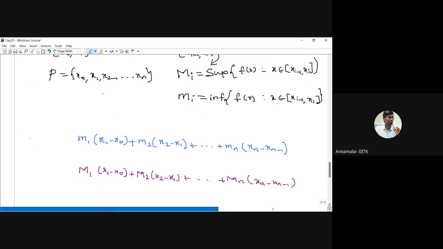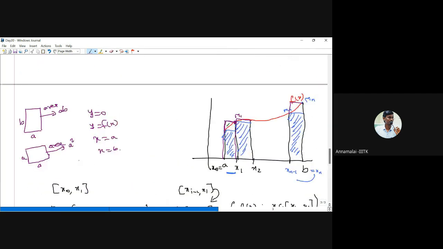So this is the lower sum, that is L of P comma f, the lower sum of the function with respect to the partition P, and this is the upper sum of the function with respect to the given partition P. Now the upper sum covers more area than the smaller region.